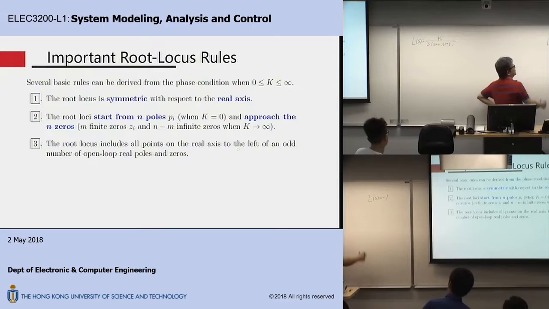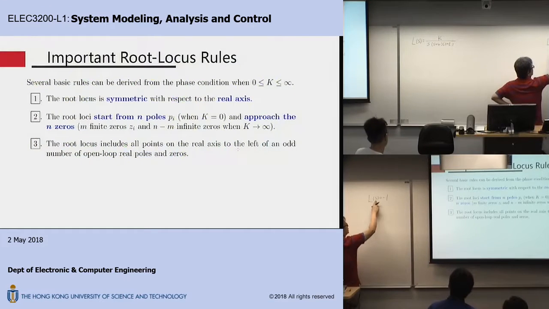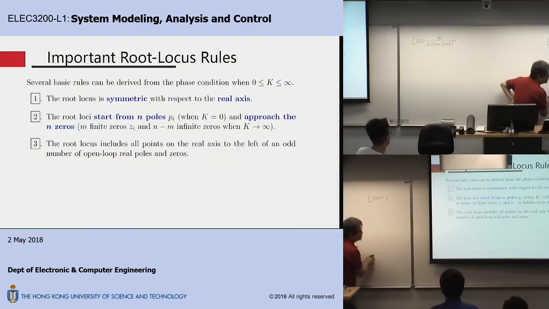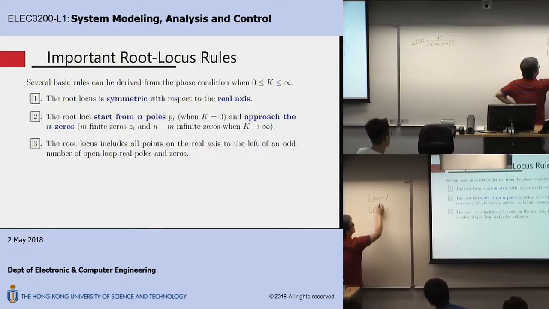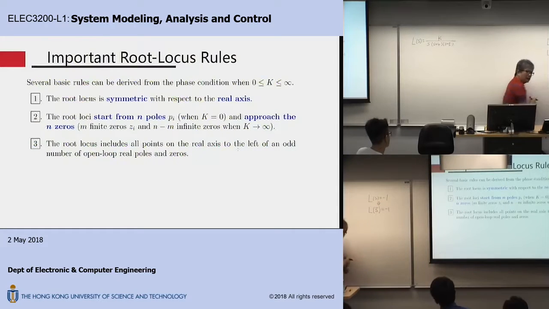Alright. So if S satisfies this, then S conjugate also satisfies this. Is that right? You take the conjugate on this side, then this side is a real number, so the conjugate is the same. So this has to be true.